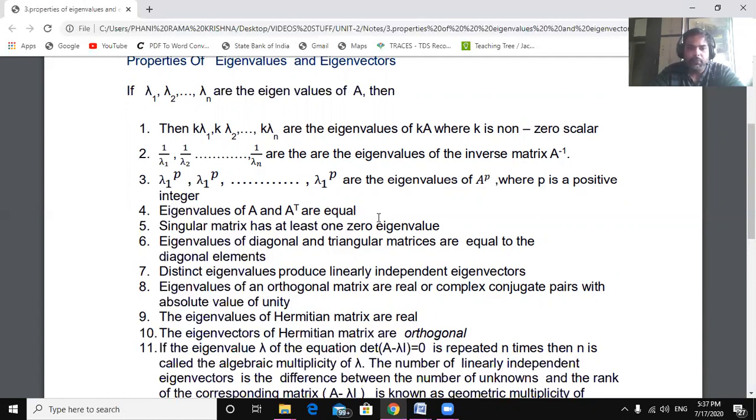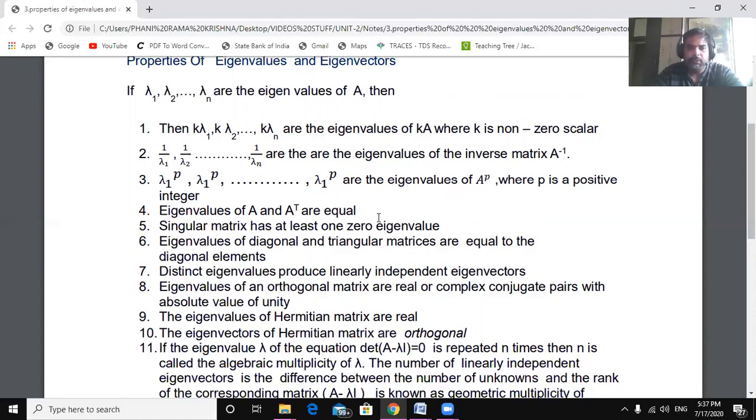Because we have one more property of eigenvalues and eigenvectors, that the product of the eigenvalues is equal to det of A. So if det of A is 0, then the product of eigenvalues is 0.